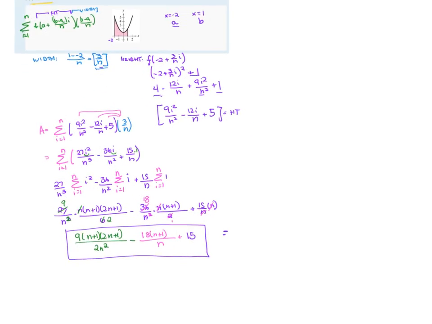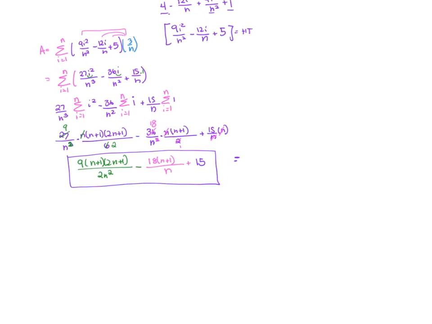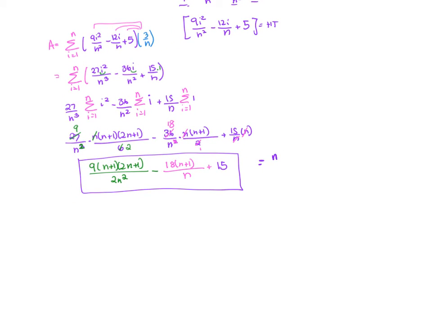So just to write it out real quick for you, if n is 4, then 9 times 4 plus 1 times 2 times 4 plus 1 all over 2 times 4 squared, minus 18 times 4 plus 1 over 4, plus 15.